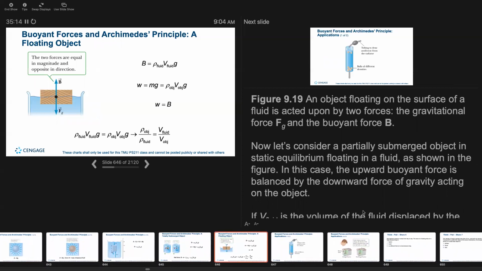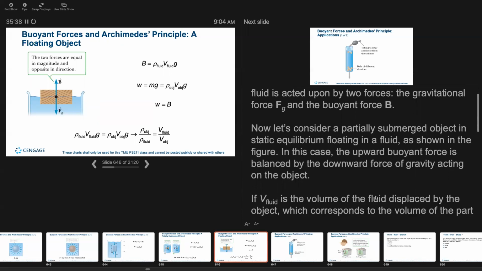So here in the figure, we have an object floating on the surface of a fluid, acted upon by two forces, the gravitational force F sub G and the buoyant force B. Now consider a partially submerged object in static equilibrium floating in a fluid as shown in the figure. In this case, the upward buoyancy force is balanced by the downward force of gravity acting on the object.